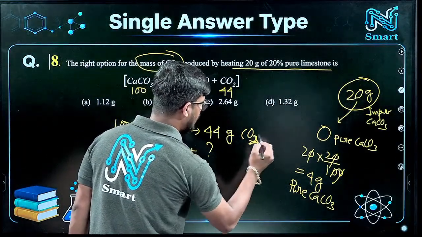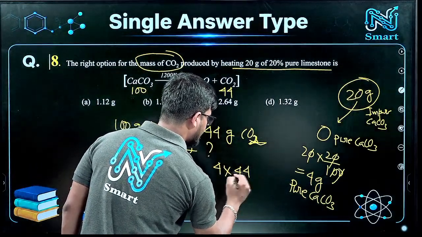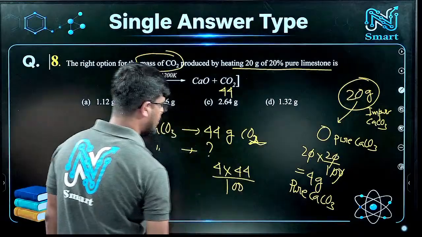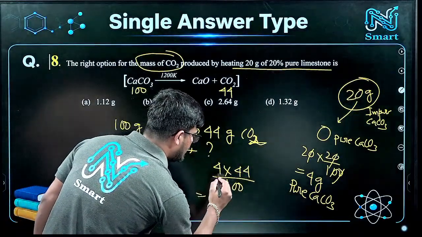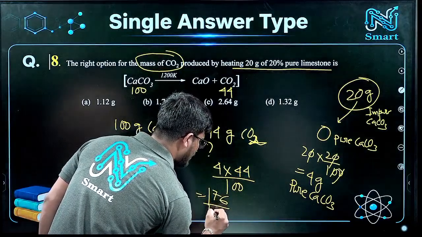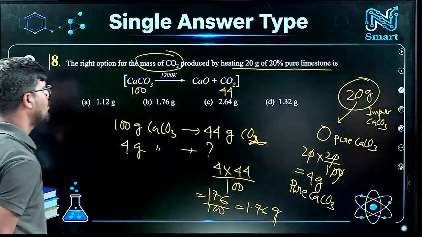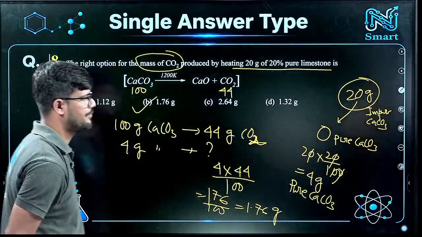Just cross multiplication: 4 into 44 divided by 100. 176 by 100 means 1.76 gram. Option B.